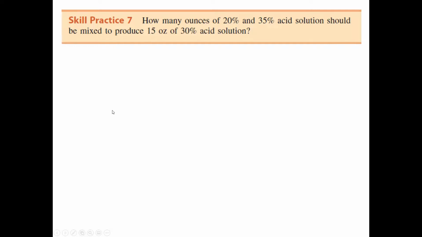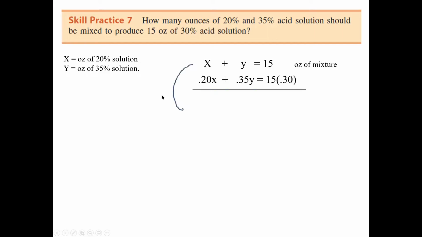So we're going to let X be the 20%, Y be the 35. Looks kind of like what we've been doing before, doesn't it? The ounces of 20 plus the ounces of 35 equals 15 ounces. That's our first equation. Again, it's very similar to what we wrote as our first equation in our other problems.